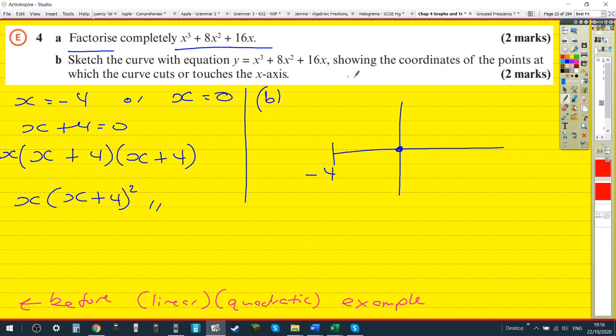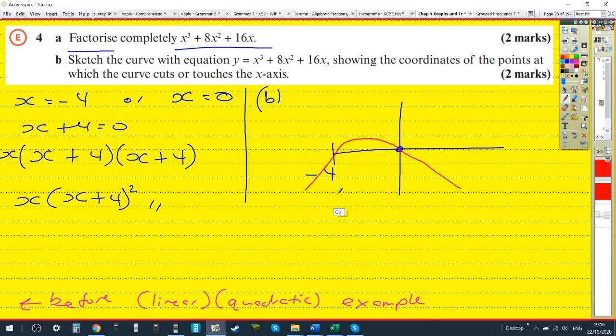Yeah. So it goes down from below the minus 4 and then through the origin and back up. If it went through the origin and then back up, that would create an extra root that we don't have. So would it go straight down? But if it was straight down, it would be a quadratic.